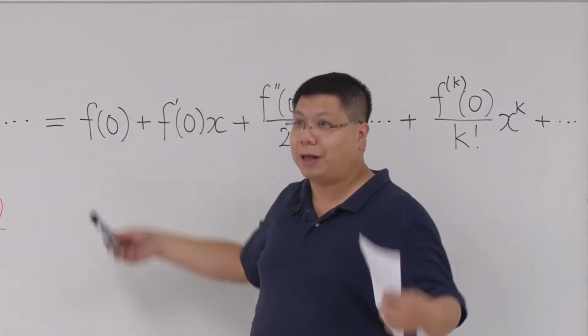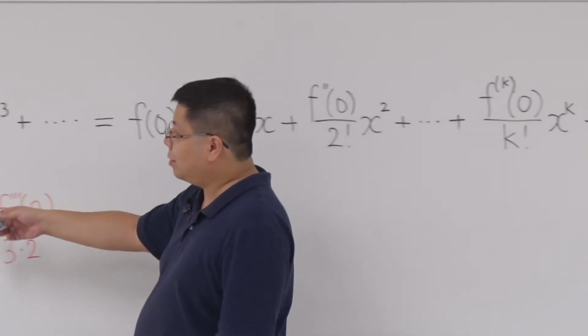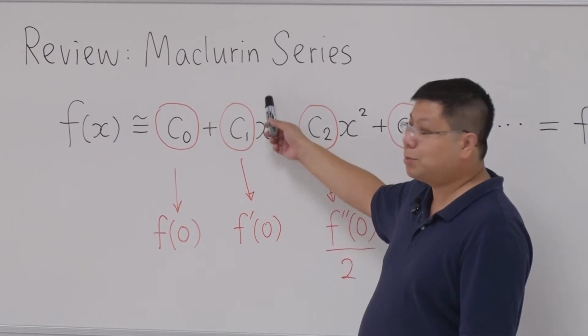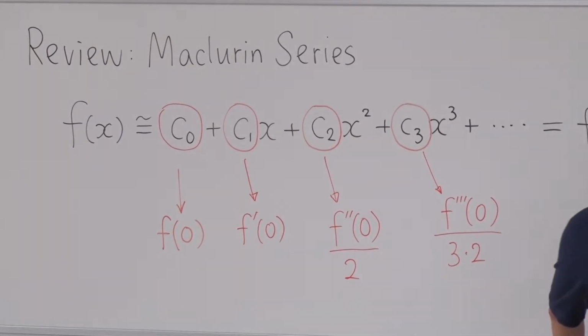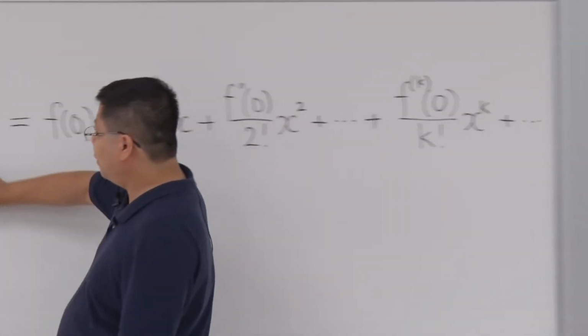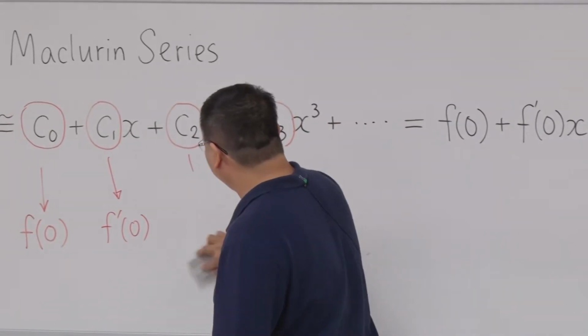So you can do something fancy. So you can think of this as a function not in terms of x, but in terms of something else. So when we talk about Taylor's expansion, we think of this function a different way.